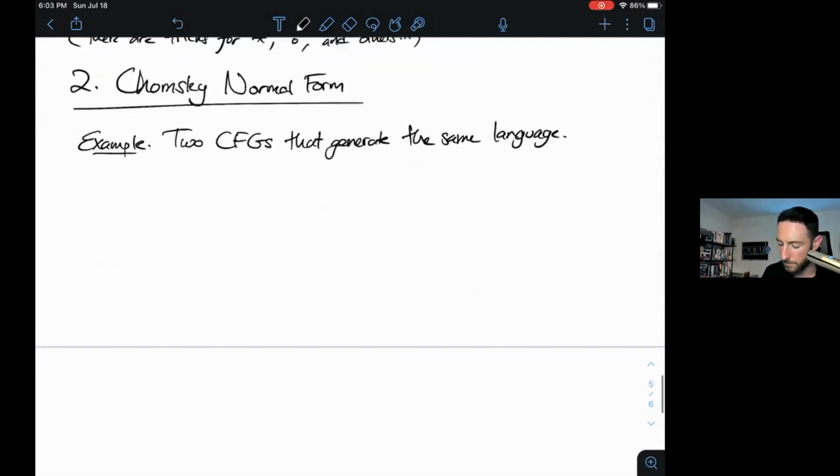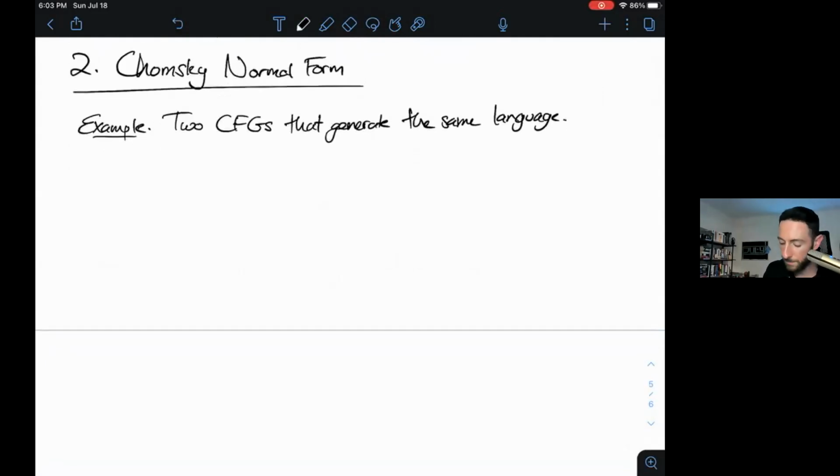And just to convince you that that is possible, I'll show you a simple example. Suppose we have a start symbol S that goes to 0S or A, and then A goes to A1 or the empty string. Now I claim that we'll do this first rule some number of times.